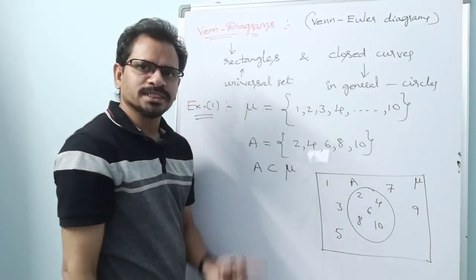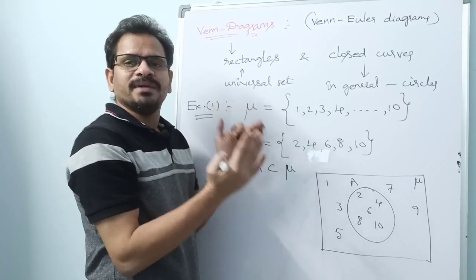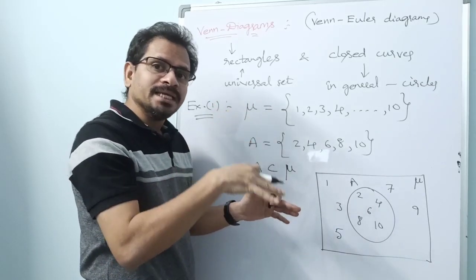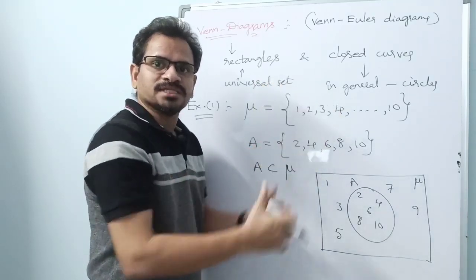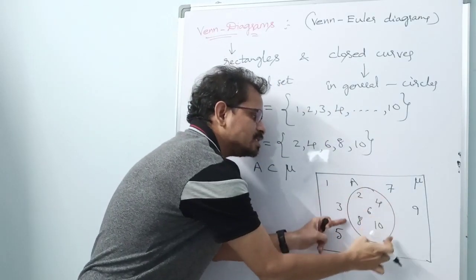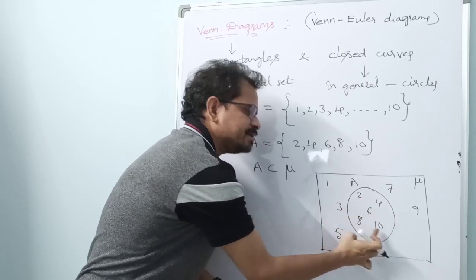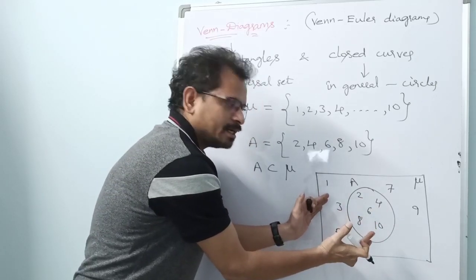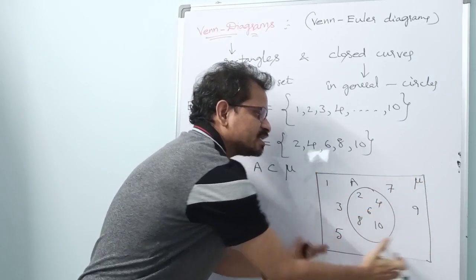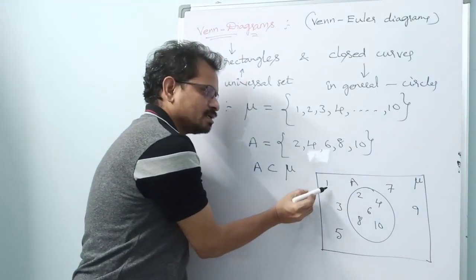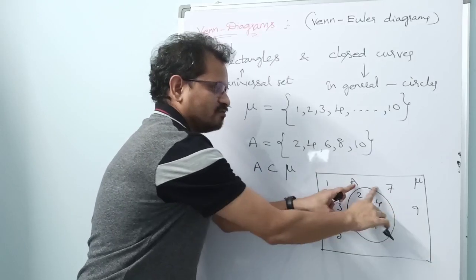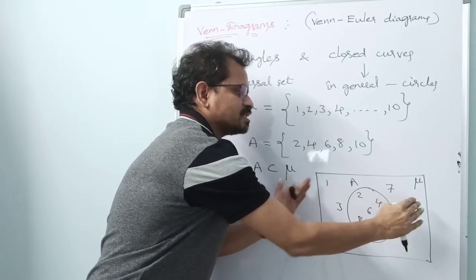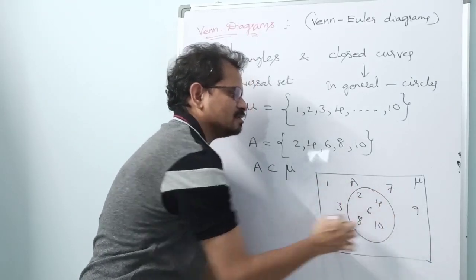See here, what is the definition of a subset? All the elements of this set must be elements of the universal set. See here, all these elements 2, 4, 6, 8, 10 are elements of this universal set or not? Yes. And 1, 3, 5, 7, 9 are not elements of set A, so these are kept outside of this circle.